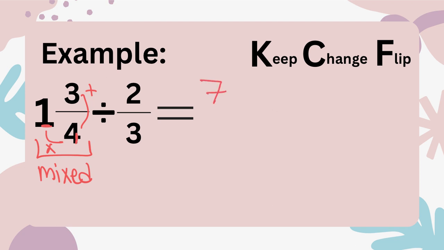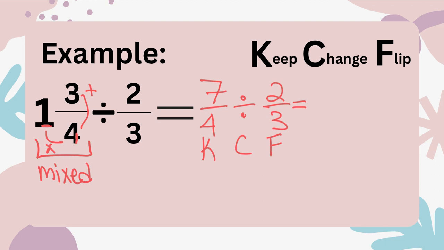So we're going to have 7 over 4 divided by 2/3. I always like to rewrite the problem before I do keep, change, flip so that I don't make any mistakes. So now that I rewrote the problem, we can do keep, change, flip.